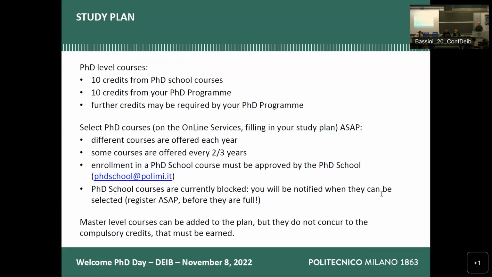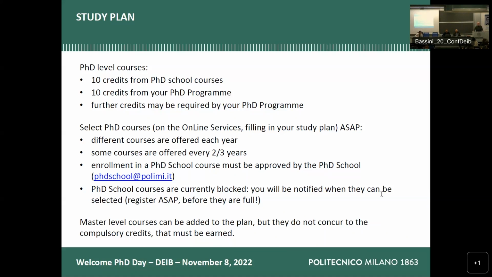Actually, they will be all different. Every year we have a different offer of courses, so you don't need to select all your courses from the courses offered this year necessarily. Some courses are offered periodically, though, so you will find them again maybe with a periodicity of 2 or 3 years.